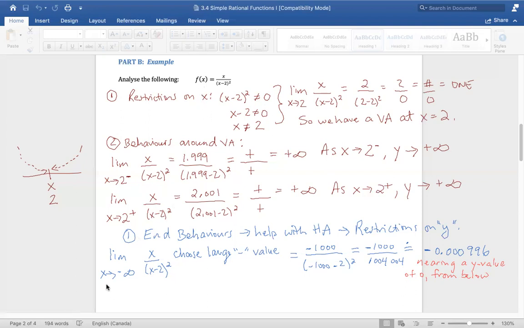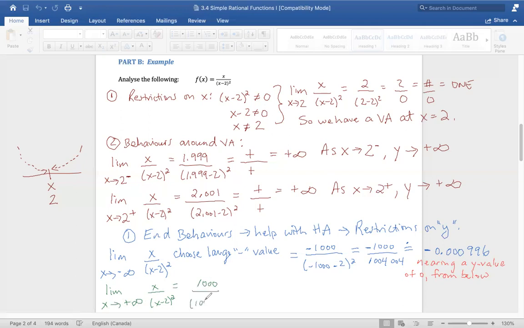Let's look at the next limit then. I don't know if I can fit this in, hopefully. The limit as x goes all the way to the right, to positive infinity. Again, we write out our function from up above. Same thing here, I'm going to pick a very, very positive value. If I had -1,000 here, I might as well pick 1,000 here, but positive, because we're on the positive side, to the right of 0 on the x-axis.